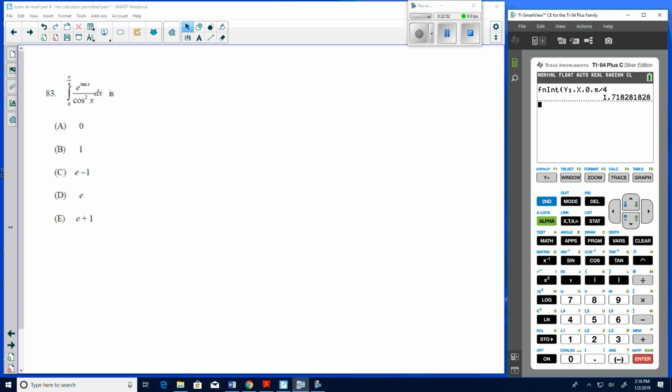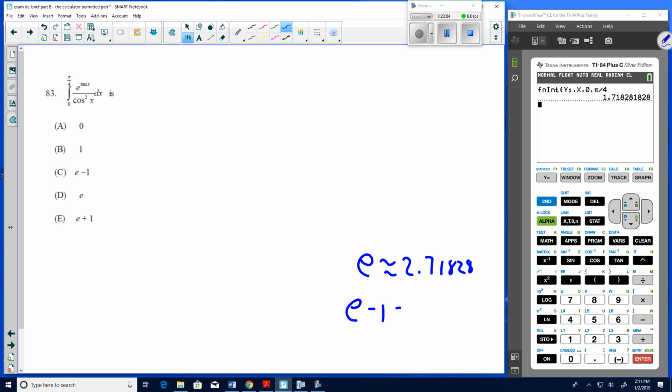But I do note, I know E is about 2.71828, right? So E minus 1 would be 1.71828. And sure enough, that's what my calculator says. So the answer is choice C, E minus 1.